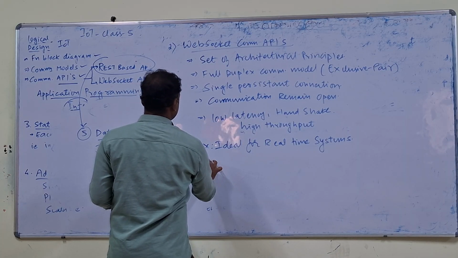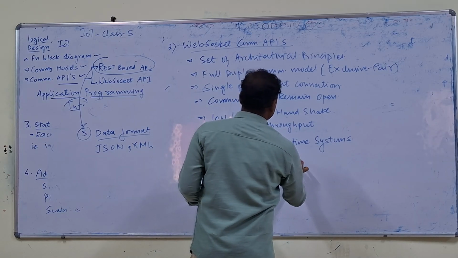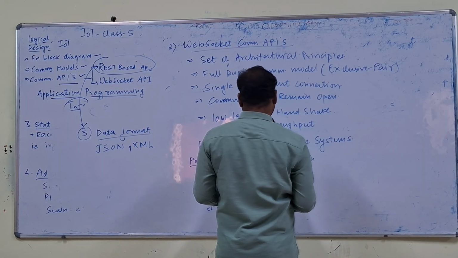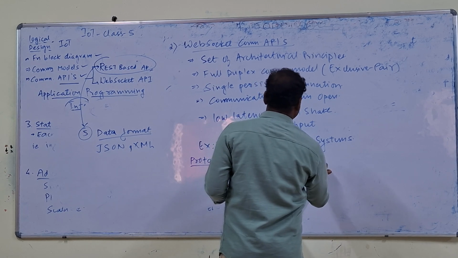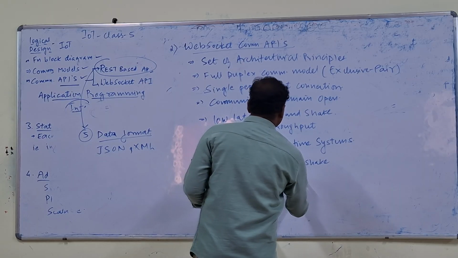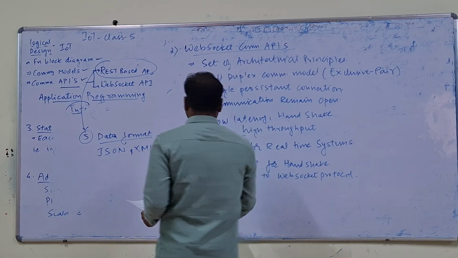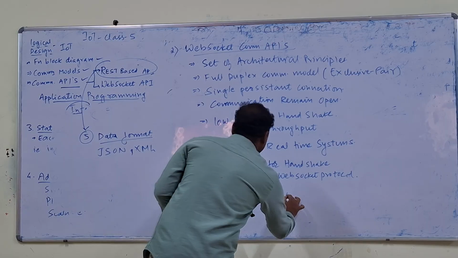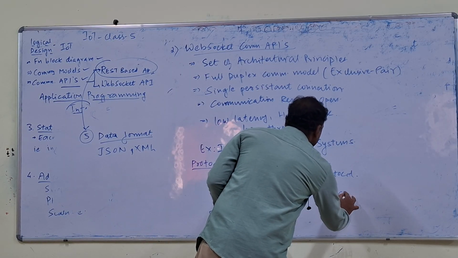It uses HTTP to establish the connection, for the handshake. When the handshake is done, it switches to the Websocket protocol. Again, the data format here is JSON. JSON is the default. Clear?